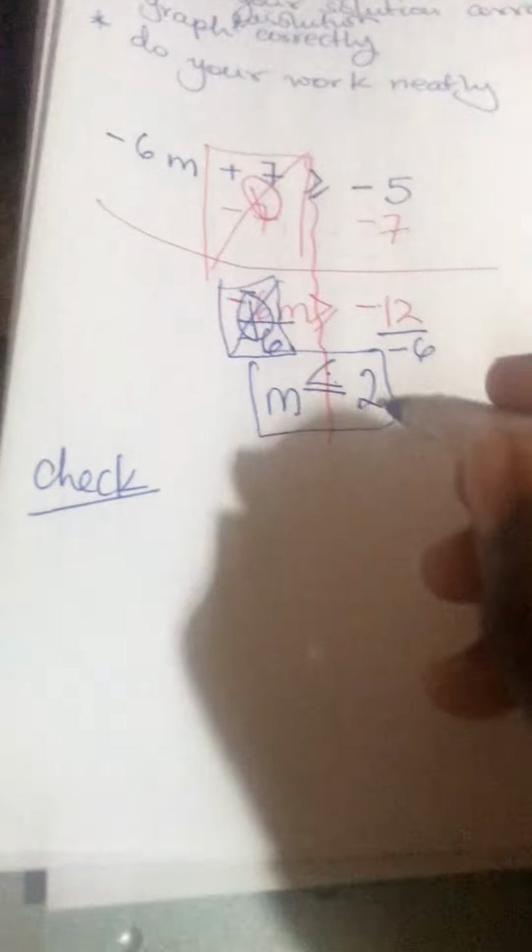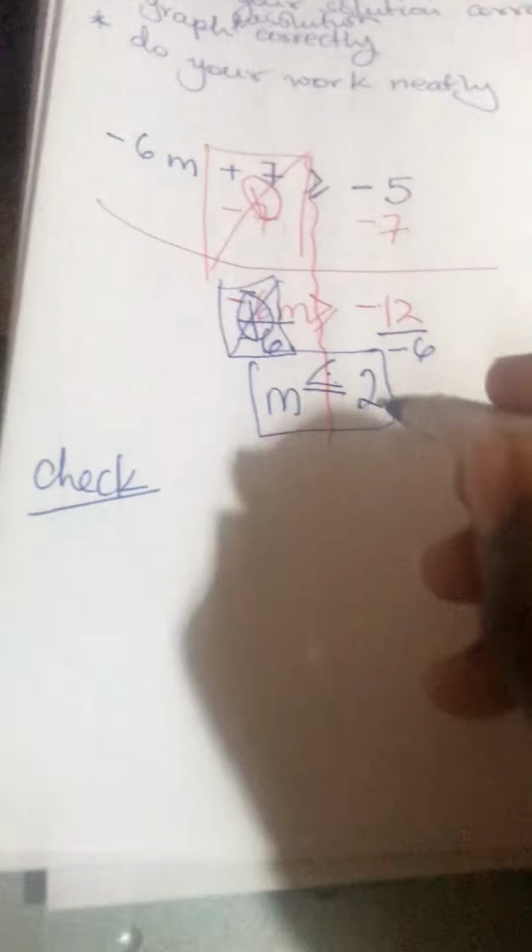Check using negative 3. I go back to my question. Negative 6m plus 7 is greater than or equal to negative 5.